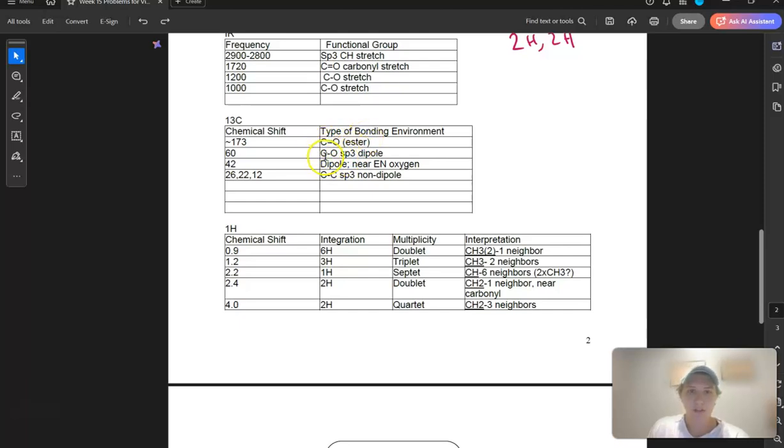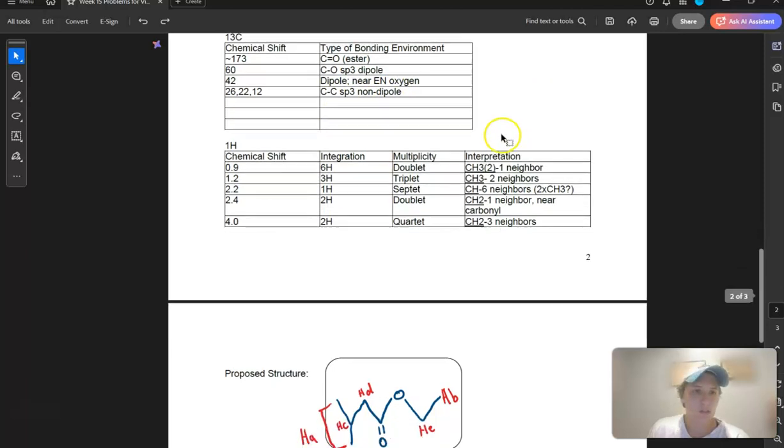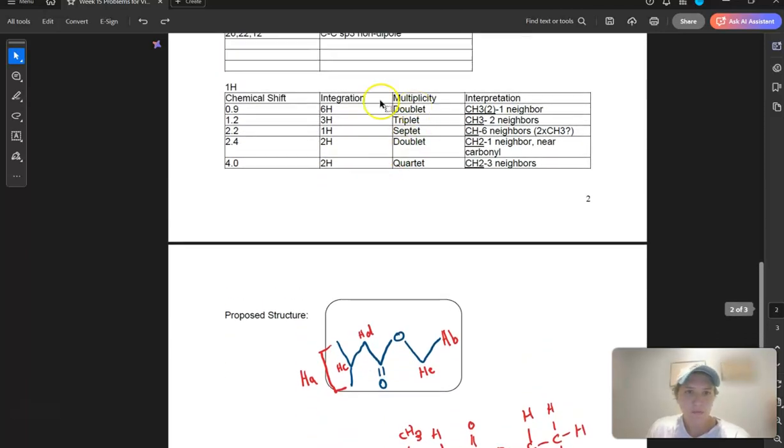And then we saw the CO sp3 peak to support that ester. And then we saw a carbon-to-carbon bond that's very close to that electronegative atom. It's furthest from the more upfield sp3 non-dipole carbon-to-carbon bonds. So in this table, I put everything that I just showed you on the spectrum and how I interpreted that.